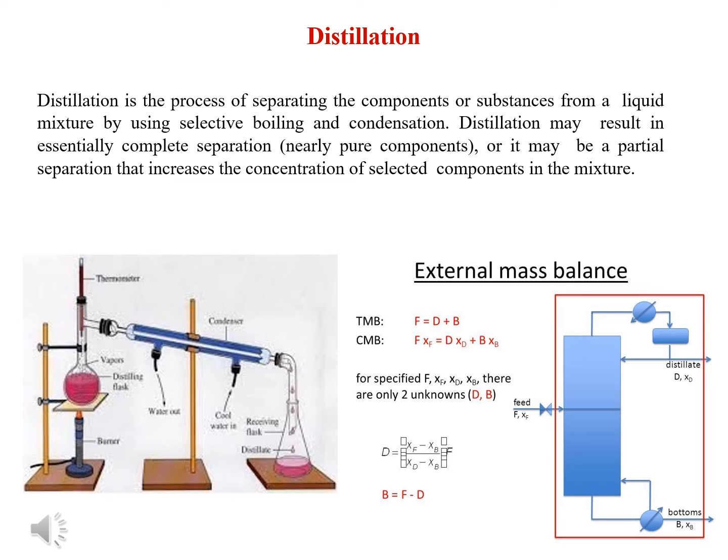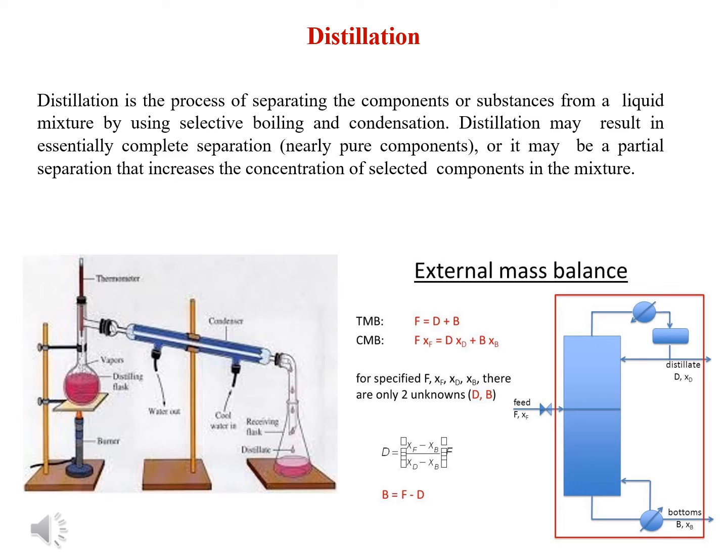At the bottom of the distillation column we are collecting the bottom product or residue. The overall quantity of the bottom product can be expressed as capital B, and the mole fraction of component A present in the bottom product can be expressed as XB.